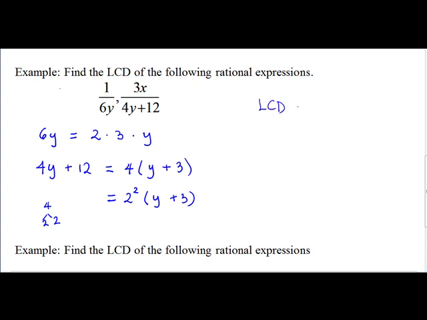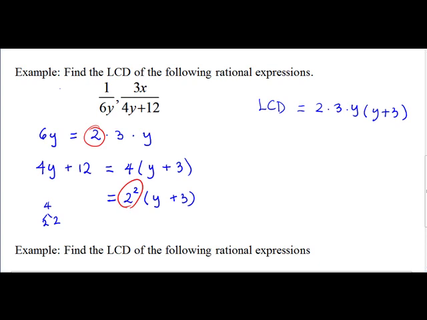Now for the LCD, we pick all the unique factors in the denominators. So 2 is unique, I take that. I take 3. I take y. And then I take y plus 3. Now for the 2, I notice that I have 2 here and 2 squared here. This is a common one.